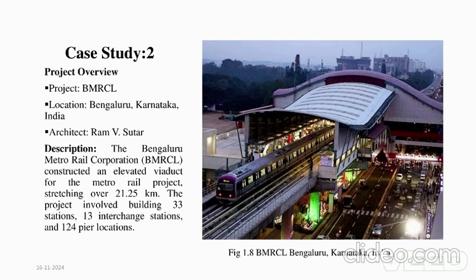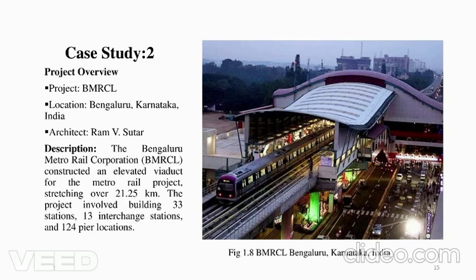The Bangalore Metro Rail Corporation Limited has constructed an elevated viaduct spanning 21.25 kilometers. The project involves 33 stations, 13 interchange stations, and 124 pier locations.